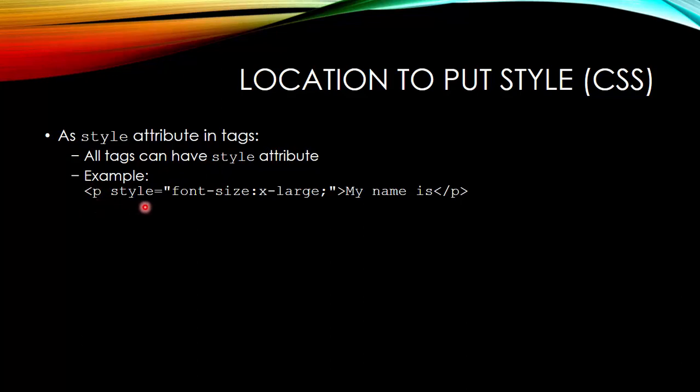It can have style attribute. Then we can give the value in string where the string is actually CSS code. In this case, we give the value of style as font size assigned with extra large. So the word my name is here will be printed in extra large font.